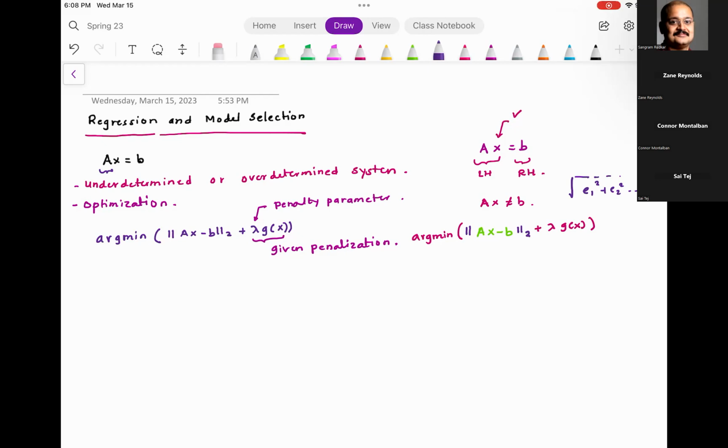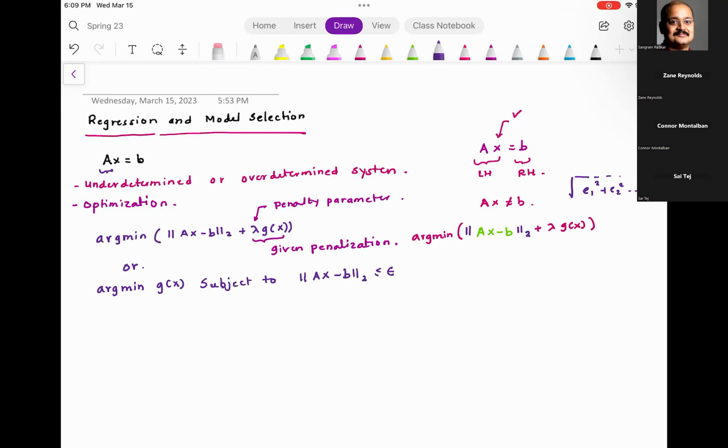The other way to define this is something like argmin, the minimum value of g of x subject to the absolute value of ax minus b2 being less than epsilon.